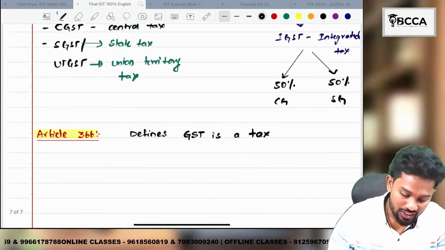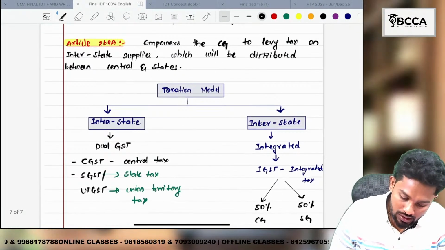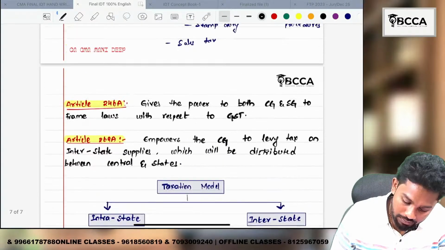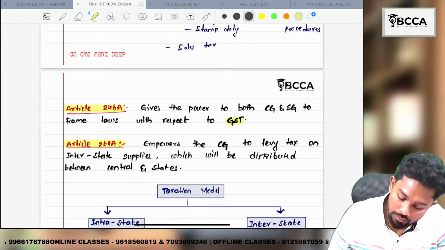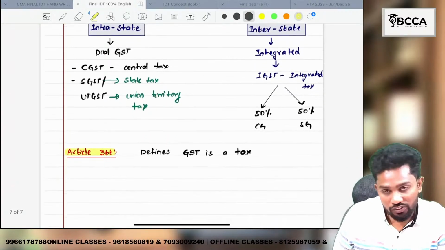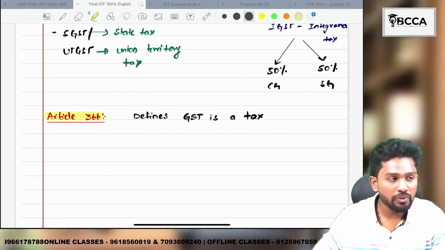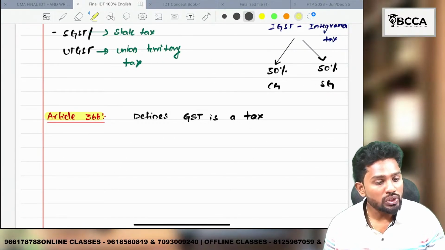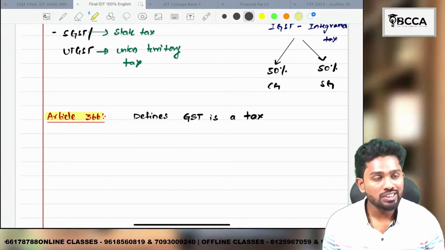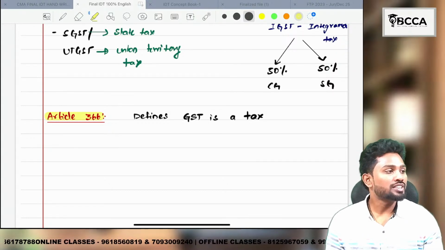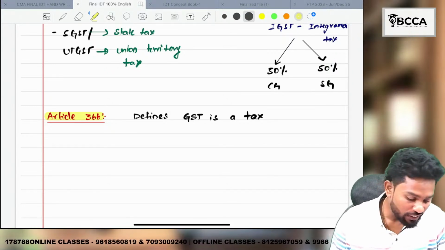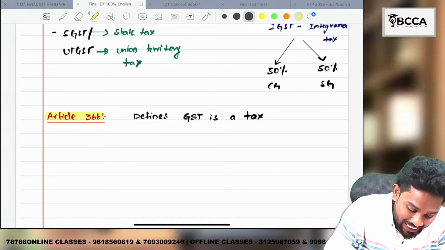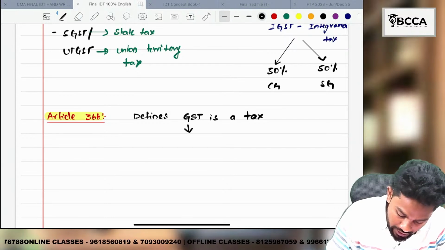Sir, in the Constitution, if you see here, it empowers the central government to frame laws with respect to GST. Even in the coming provisions, in different places, they have used the word GST at several places. So they need to define what is called GST in the Constitution. So they defined it like this: GST is a tax.